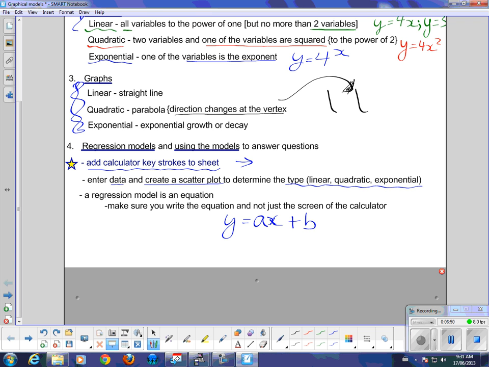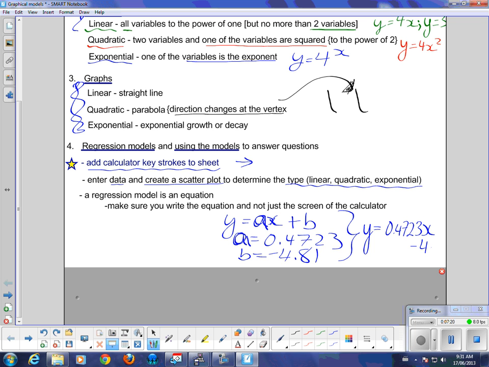Don't just write down that a is 0.4723 and b is negative 4.81. I actually want an equation. So take that information your calculator is giving you and write y equals 0.4723x, because I'm taking the a and following what they're telling me, and then minus 4.81. I actually want an equation, not just what you're seeing from the graphing calculator.